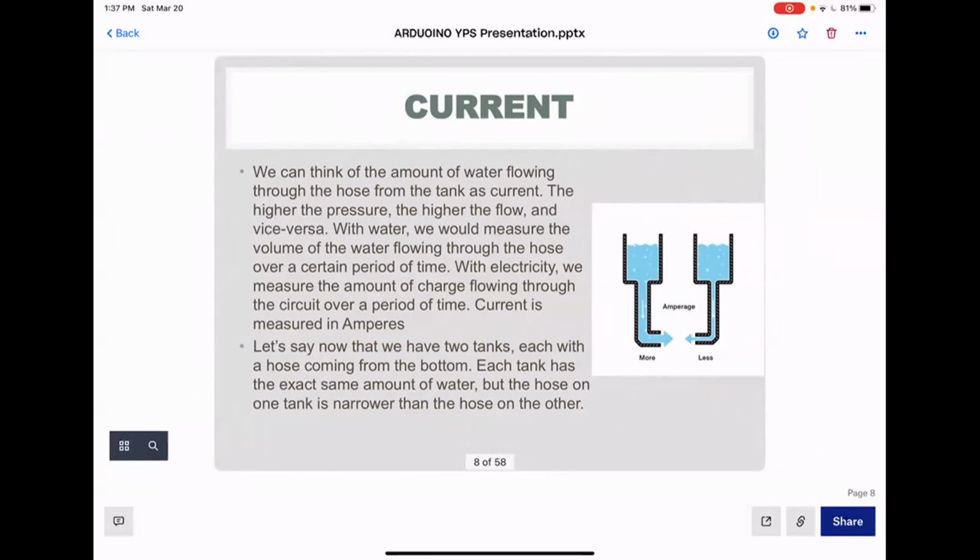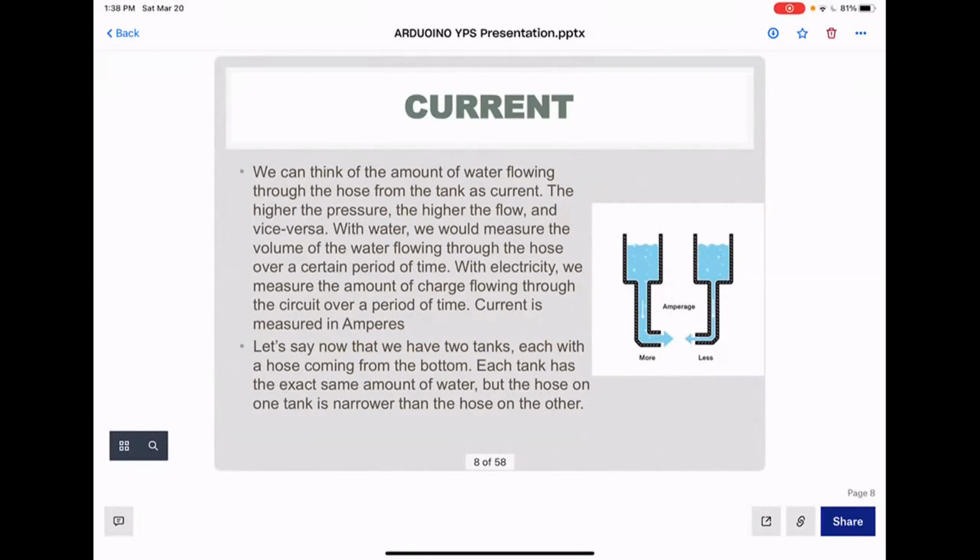When you look at these 2 different water tanks, you can see that they have the same potential, but a different amount of current, water in this case, is going to flow through, because, on the next slide, I'm going to talk about resistance: one has more resistance, the other has less.